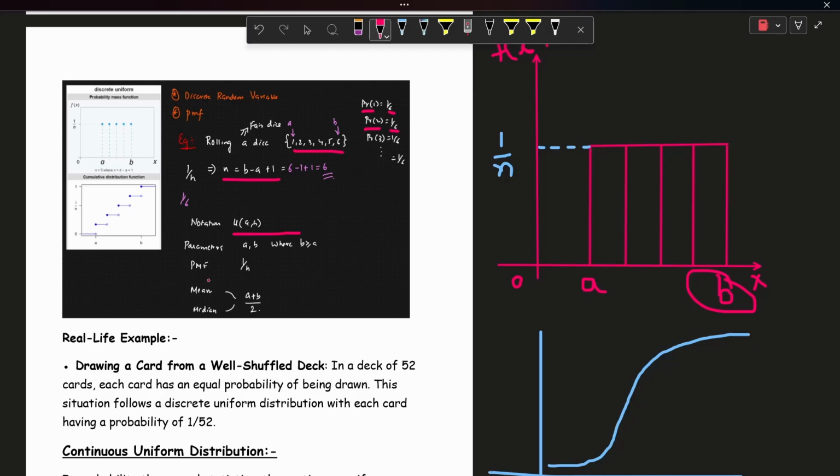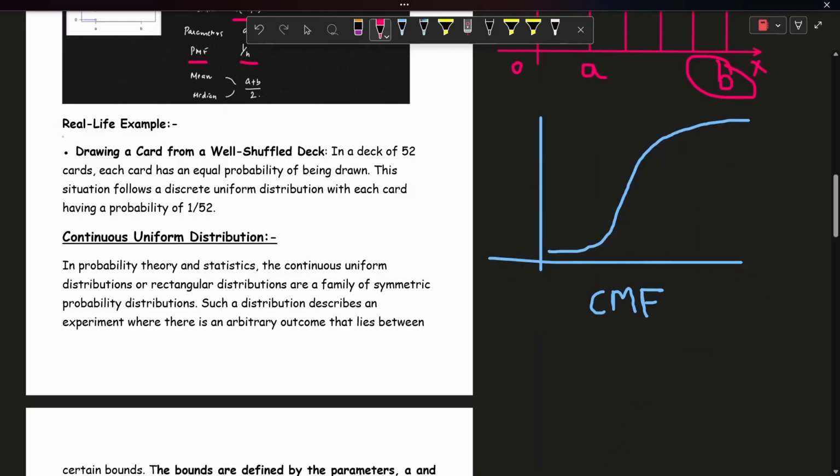As we know, the probability mass function will be 1 by n, and the mean and median will be the same for this discrete uniform distribution, that is a plus b by 2. For example, where we use this is in gambling. Drawing a card from a well shuffled deck, we have 52 cards, right? So the probability of drawing a card from a deck of cards is nothing but 1 by 52.